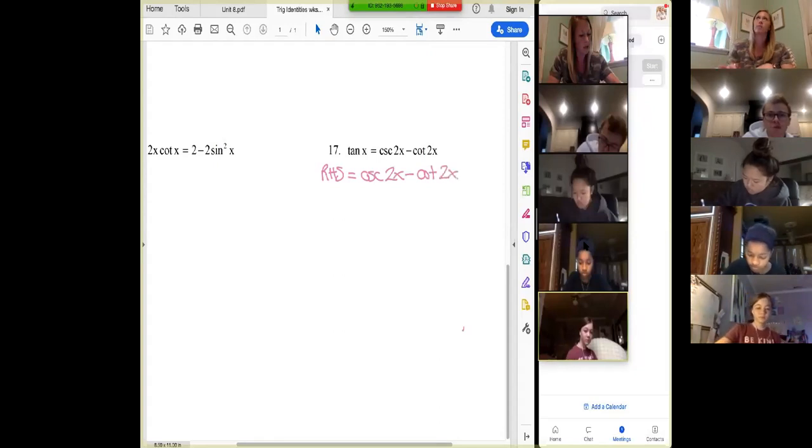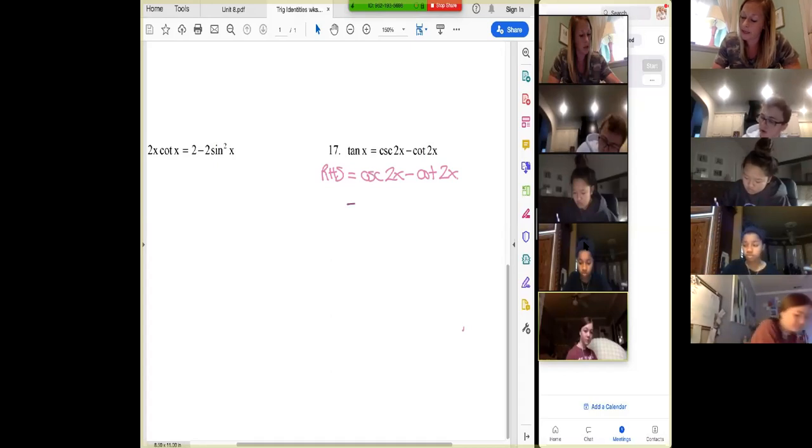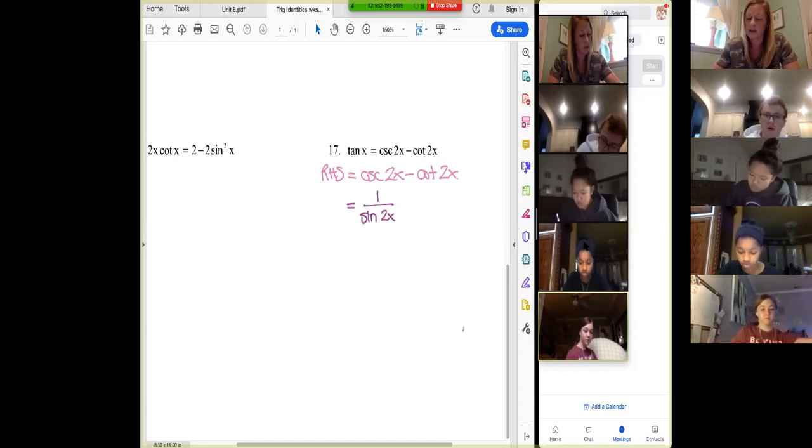Do you have a double angle identity for cosecant of 2x? Or cotangent of 2x? No, but couldn't you just take what you have and do the inverse of that? Exactly. So even though we don't have an identity for cosecant of 2x, I can change all cosecants to 1 over sines, but I'm going to keep the 2x in there.